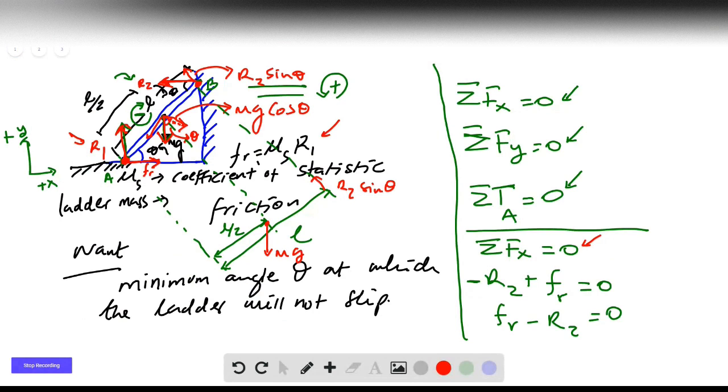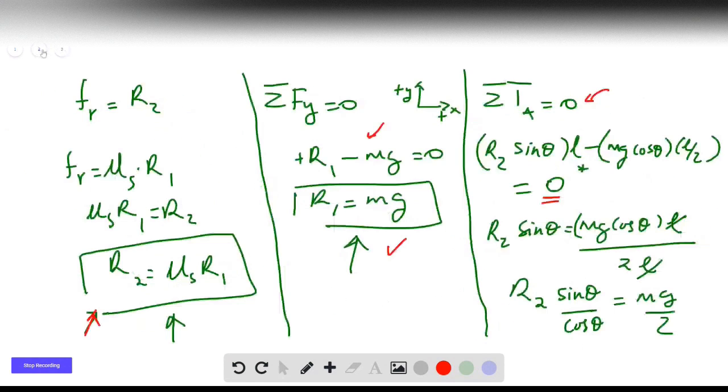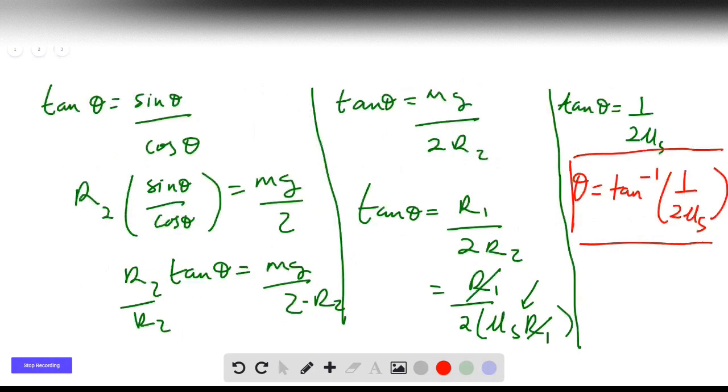And so the weight is a distance L over 2 from the point A, and R2 sine theta is a distance L from the point A. We use those two forces and their perpendicular distances. We make them equal and simplify to solve for tangent of theta.